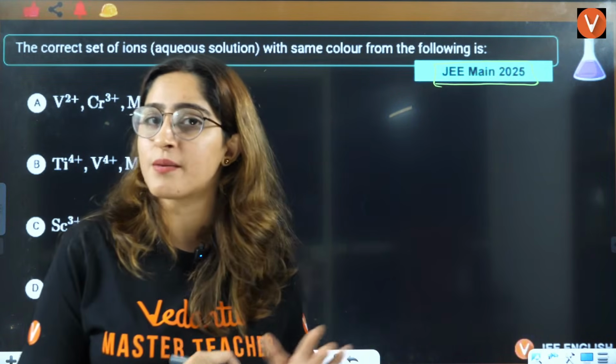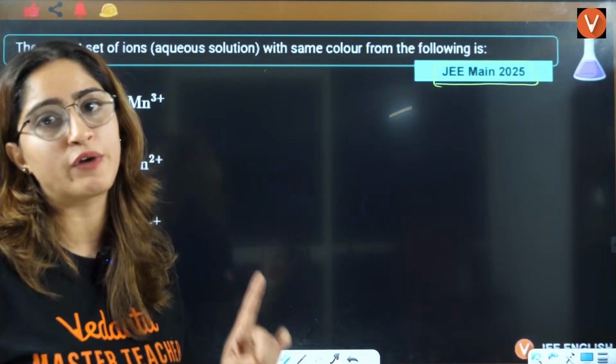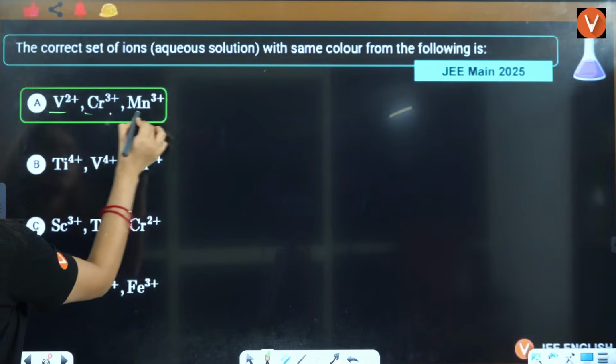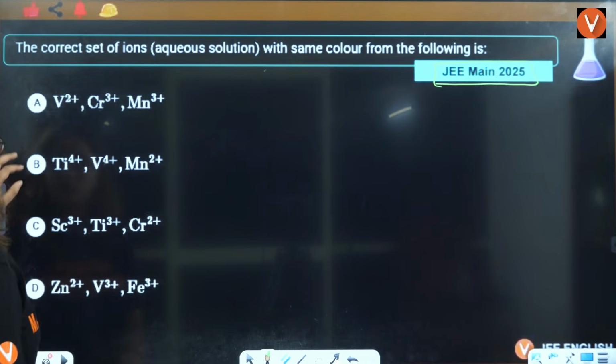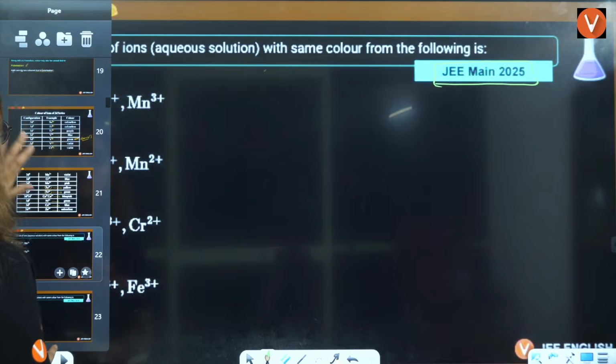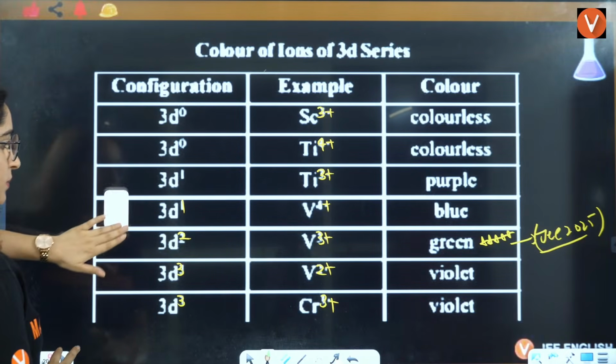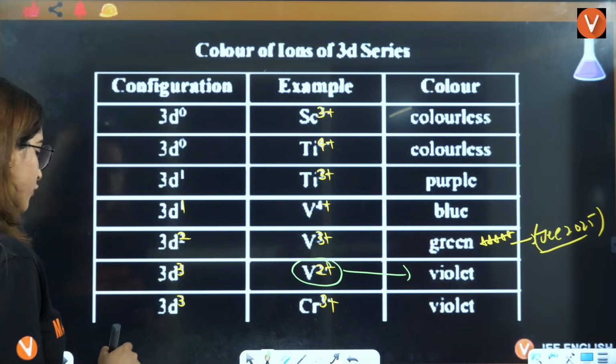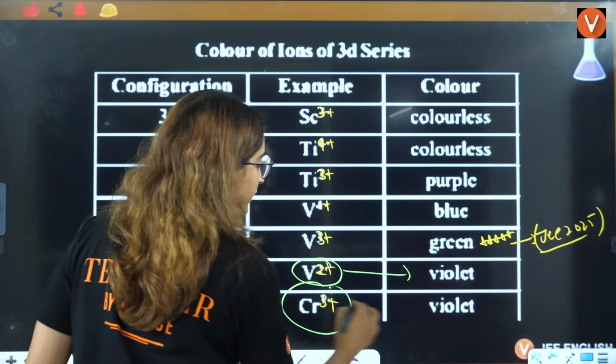We can expect similar kinds of questions in JEE 2026 as well. So see this, like you have vanadium 2 positive, manganese 3 positive. Vanadium 2 positive, violet. Then you have chromium 3 positive is also violet in color.